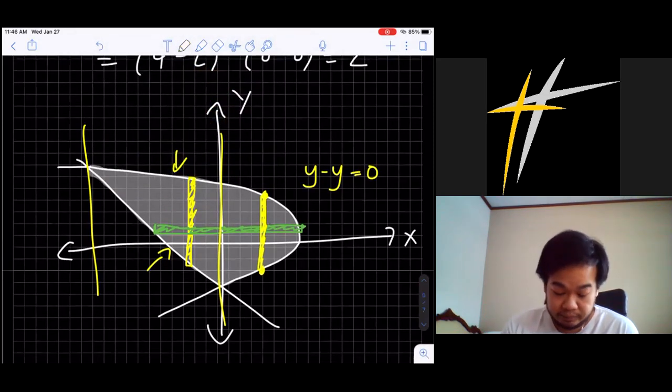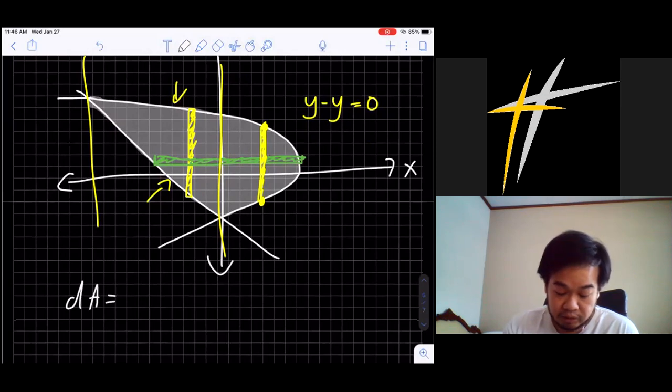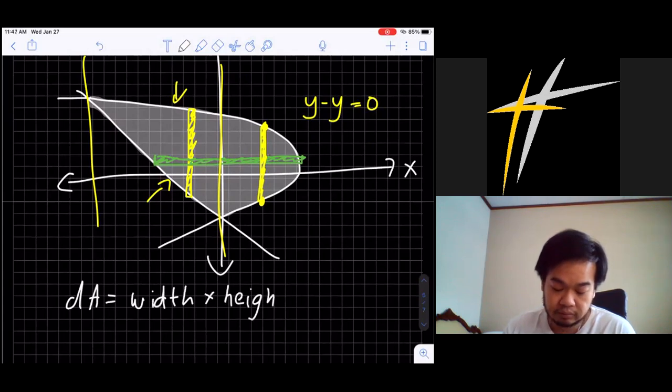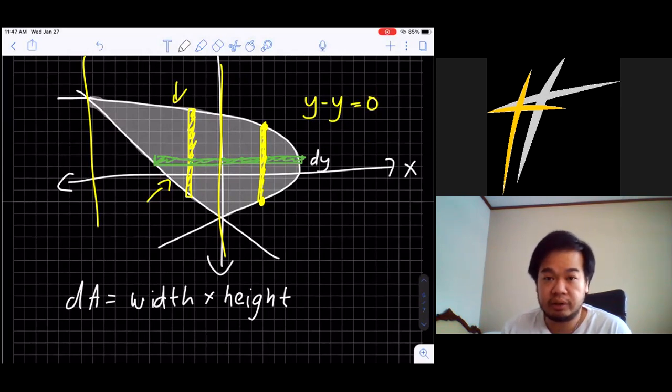The dA is equal to the width times the height. If we are seeing the width as a horizontal distance and the height is a vertical distance, then actually instead of the dx we will have dy, right?